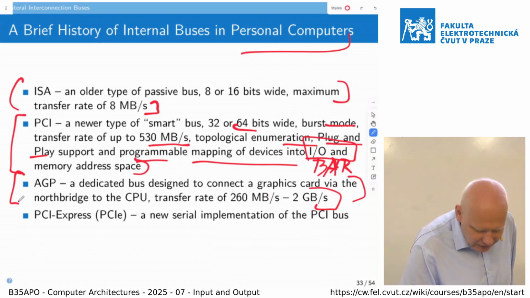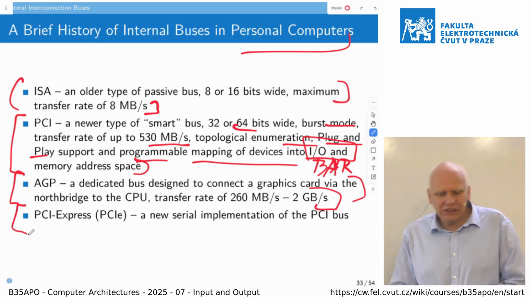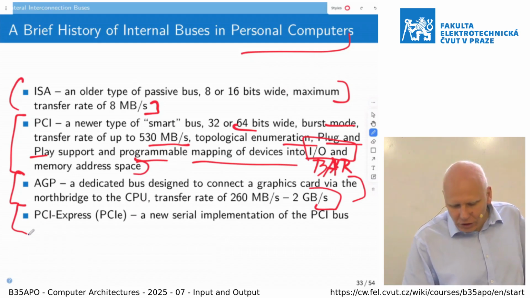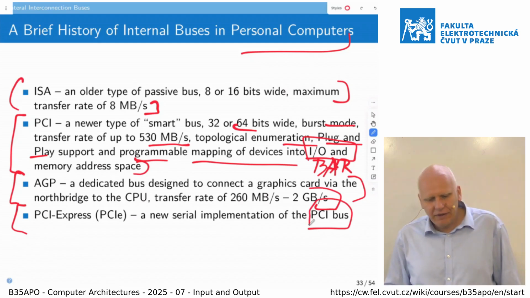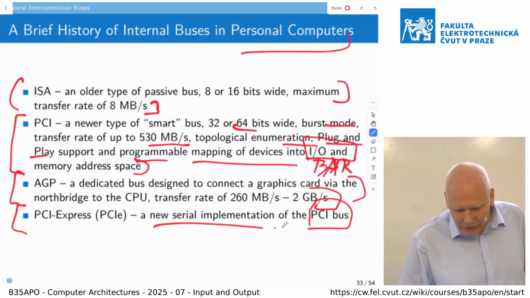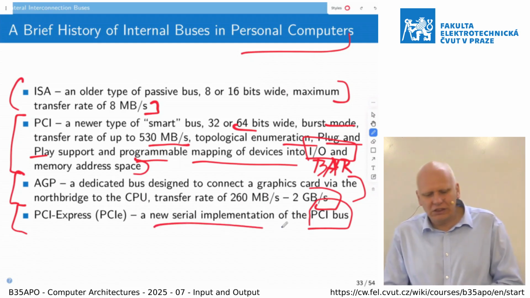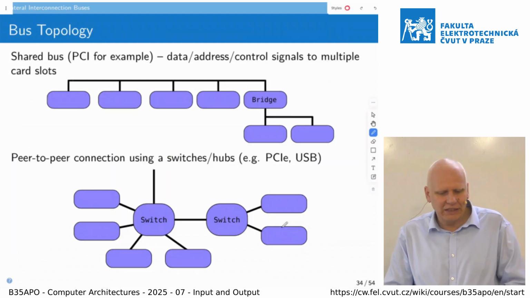But then the industry has switched to PCI Express, which is from the logical point compatible with PCI and with operating system drivers and so on, but the actual physical implementation is the serial link, which is very interesting.